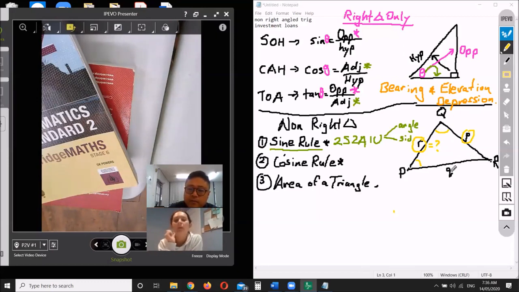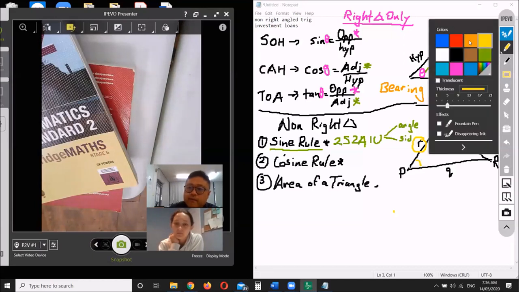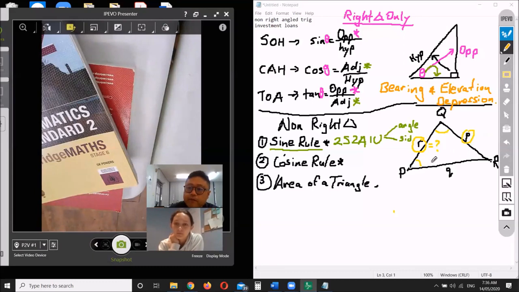But we can work it out, using 180, the angle sum of a triangle. If we know that angle and that angle, then we can work out this angle, which is the angle opposite the unknown, and still use the sine rule.